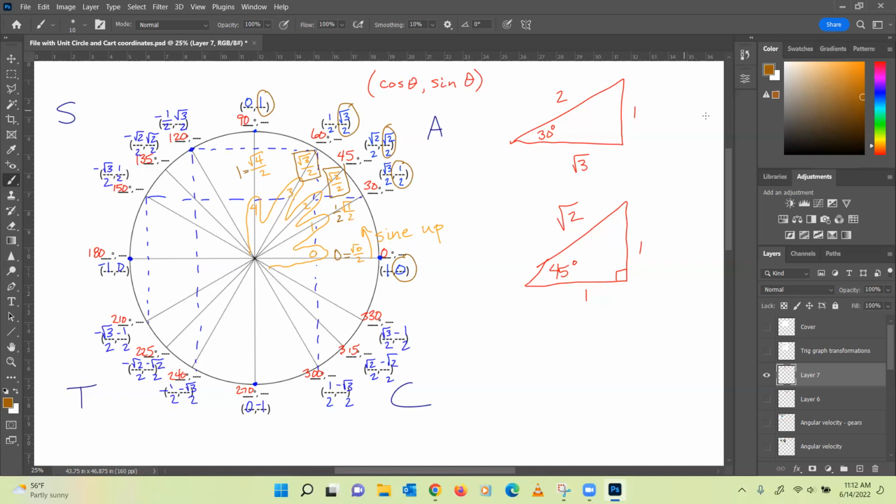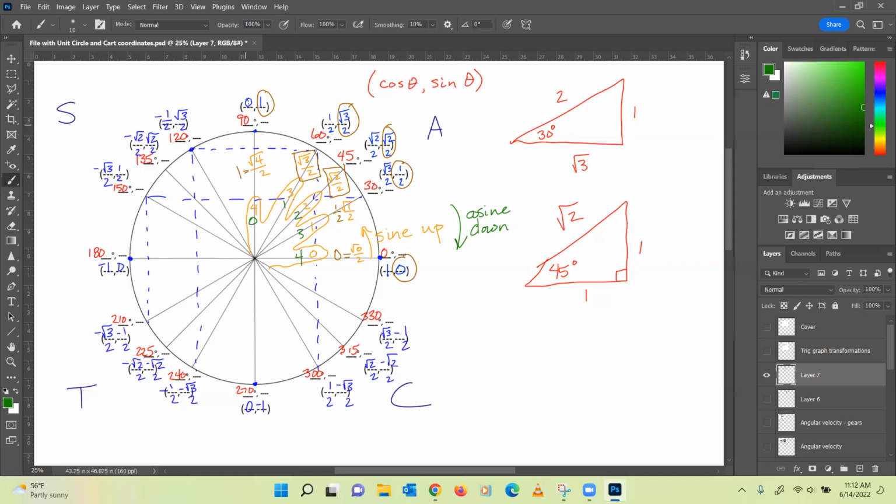Well, if you sign up, that must mean that you cosine down. But we'll do the same thing, only now the positions change so that 0 is our thumb.